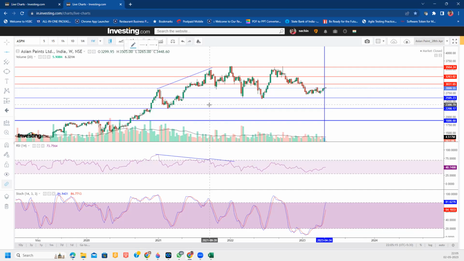But to answer your question, what is the point? In short, there is a concept of futures where we can sell in a bunch. For example, if one Asian Paint stock price is 3,500 rupees at this moment and you wanted to sell 100 shares, we would need about 3,52,000 rupees.